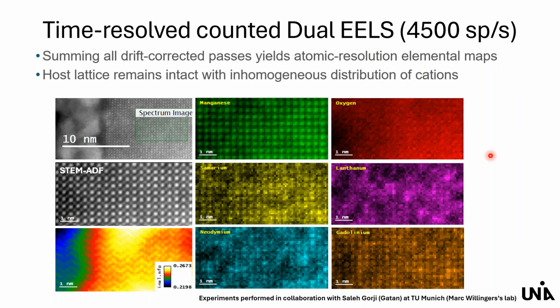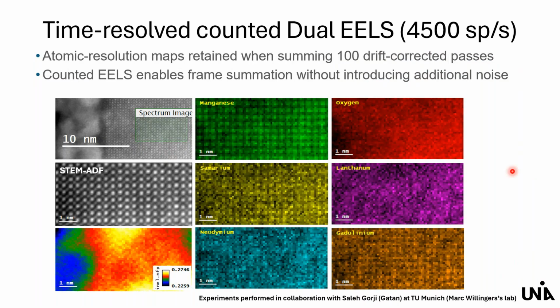So now when we do not sum up all the 700 frames we recorded, but just focus on the first 100 drift corrected passes, then of course the beam damage is even lower.